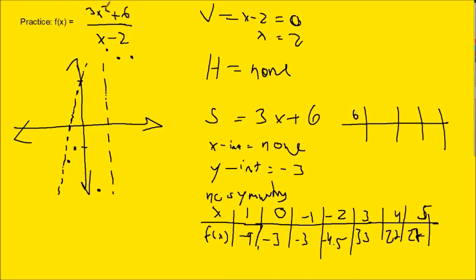6 squared is 114 divided by 4, which is 57 over 2, 28.5.